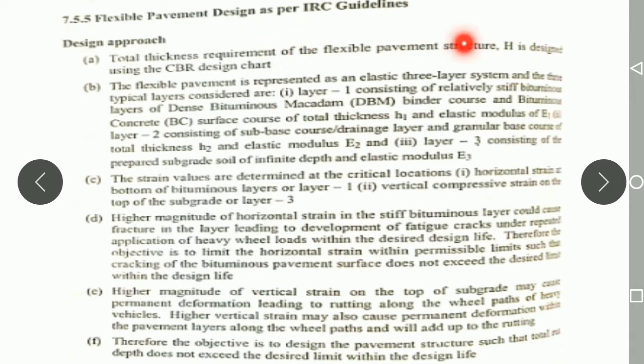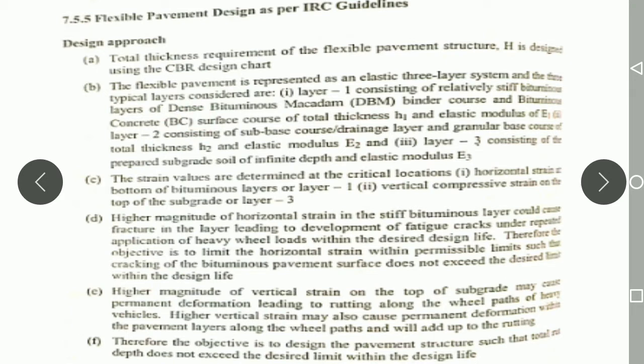After designing, usually this flexible pavement is represented by an elastic three-layer system, which means we are considering the flexible pavement as a three-layer system. The first layer comprises dense bituminous mix as well as bituminous concrete, at the top layer.